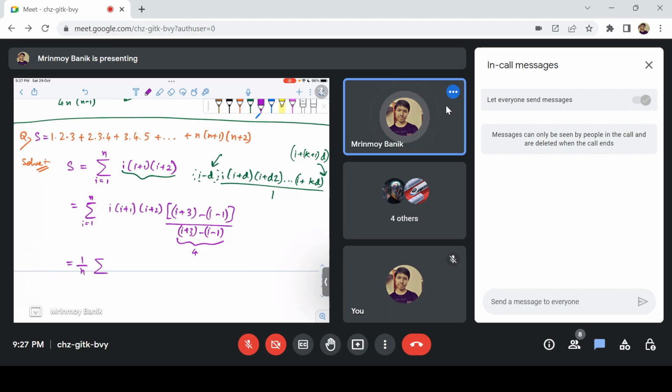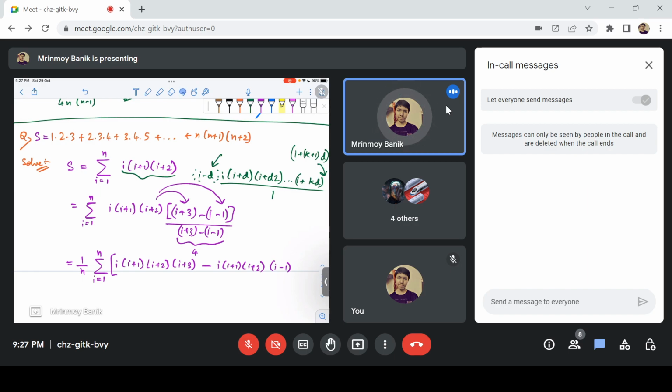So 1 by 4 times the sum as I runs from 1 through n of I times I plus 1, I plus 2, multiplying it with the first factor, I plus 3, multiplying with the second factor, minus. So everything is under the summation: I times I plus 1, I plus 2 times I minus 1.